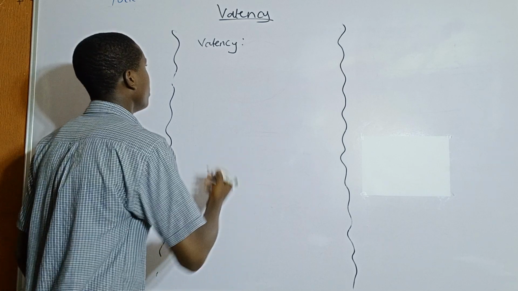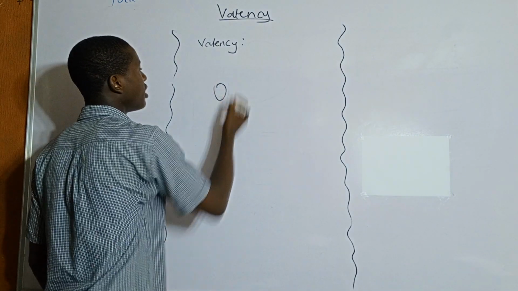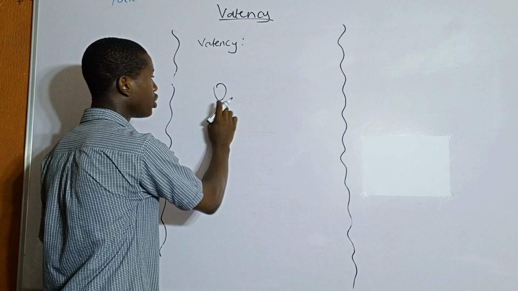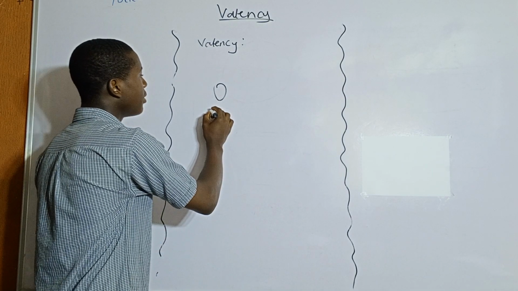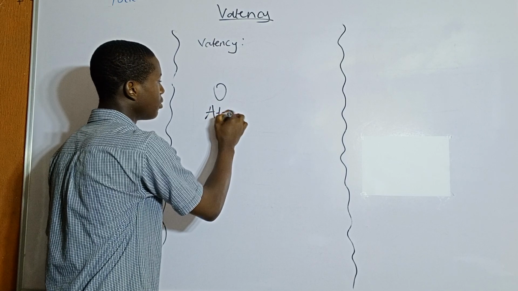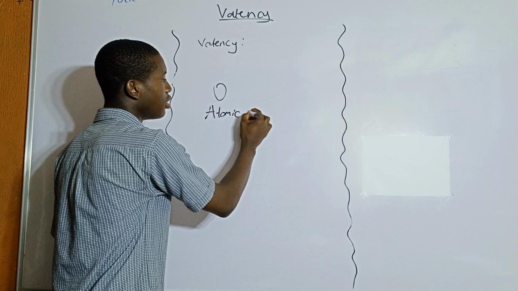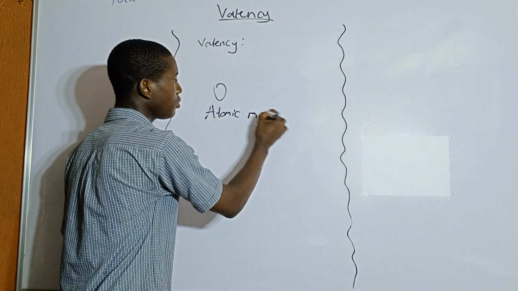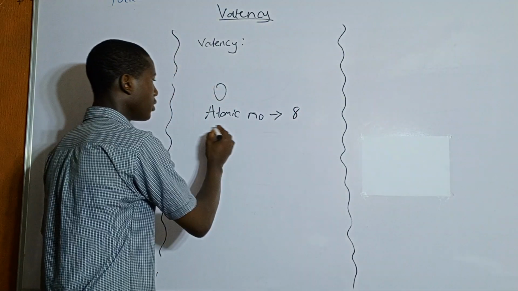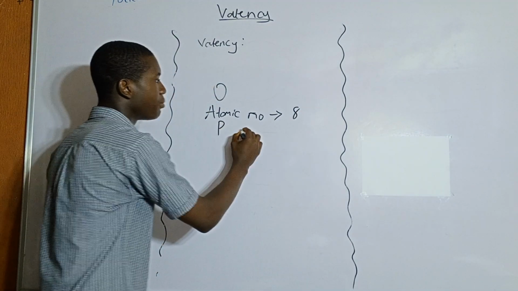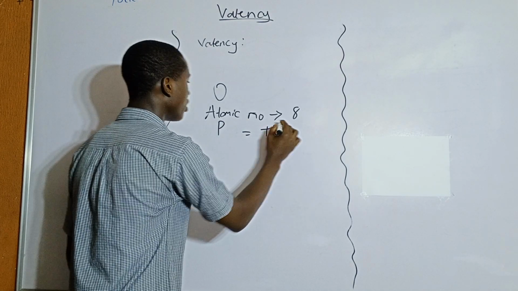For instance, if we have an oxygen atom, just one oxygen atom, an oxygen atom has an atomic number of 8. Meaning that it has how many protons? Plus 8 protons.